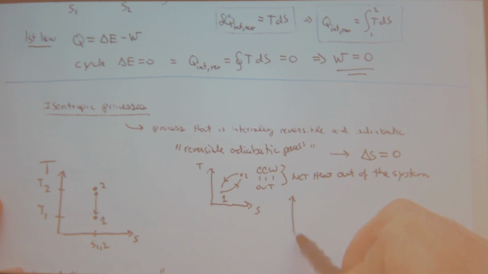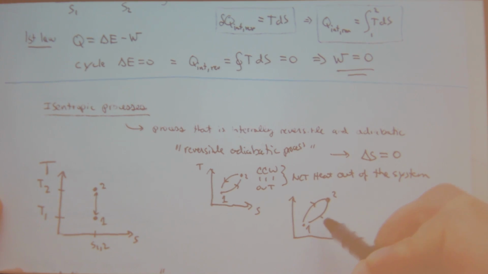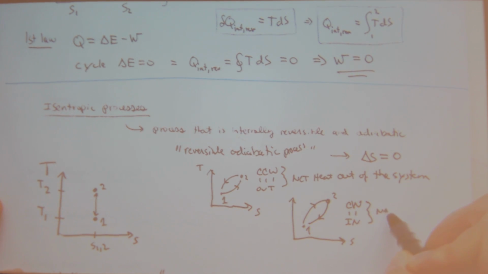And for clockwise, so I can go to state 1, no, state 2, and then back. Clockwise, 2 letters in, net heat into the system.